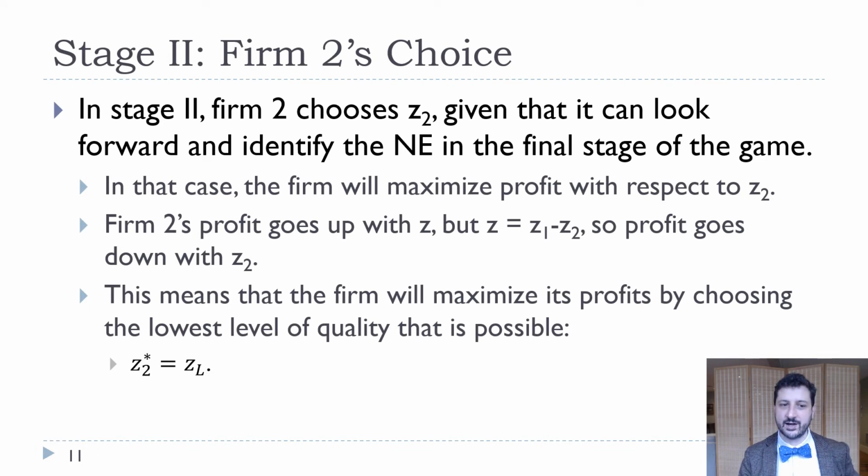Profit goes down with Z2. That means firm 2's profit will be higher the lower its quality is. So the firm is going to choose the lowest possible level of quality, which we've assumed is ZL. So Z2 star is going to be ZL.